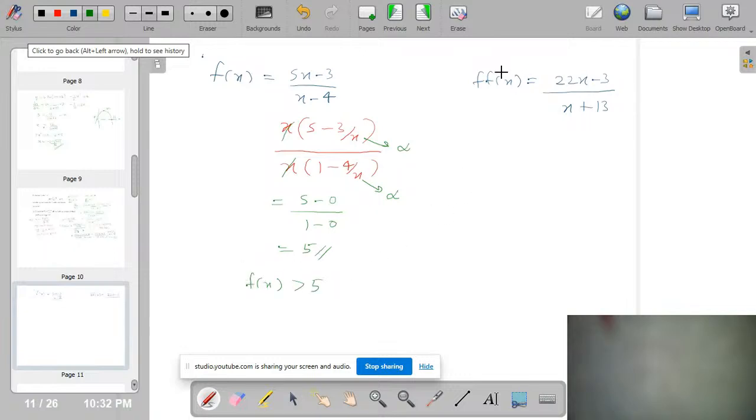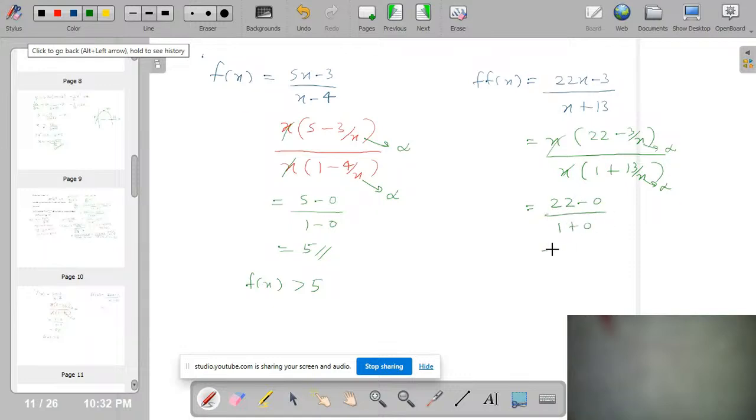If I look at the other function, there also we can do the same thing. So I take x out, 22 minus 3 over x, out, 1 plus 13 over x. So x gets cancelled off as usual. When x goes to a large value, this part is 0, this part is 0. So 22 minus 0 over 1 plus 0, which means what? 22.